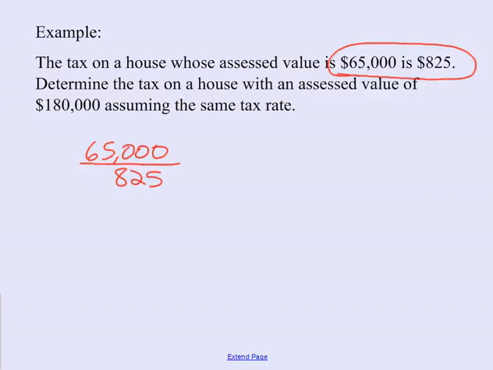Since those numbers both apply to the same house, they're going to go in the same ratio. This will equal our other ratio that has an assessed value of $180,000. We put that on top because our top number over here was the assessed value of the house.